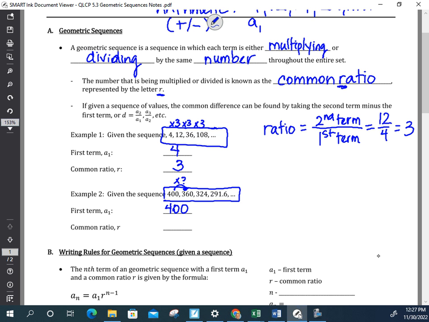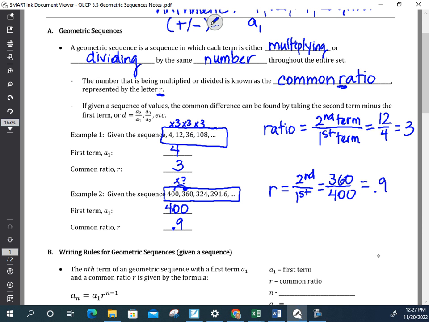To figure that out, to get that common ratio, you take the second term divided by the first. So 360 divided by 400. We let the calculator do a little bit of work. 360 divided by 400 should give you 0.9.